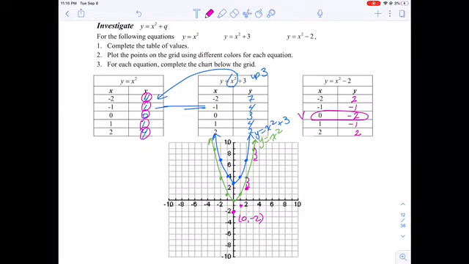If I wanted, I could go right 3, up 9, which would take me up to the coordinate of 7 right here. That's the first half of my parabola, and the same thing here. Left 1, up 1, left 2, up 4 from my vertex, or left 3, up 9, which takes me to negative 3, 7. So there's y equals x squared minus 2.